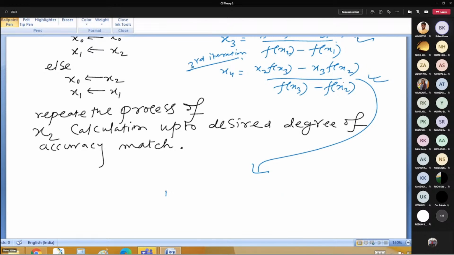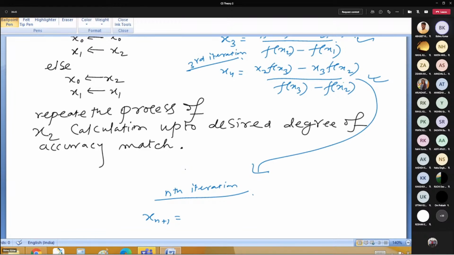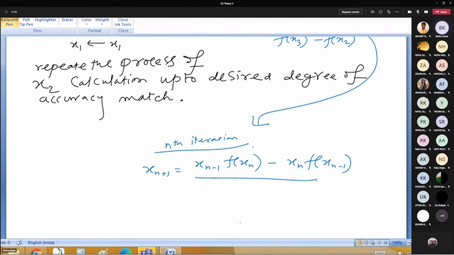That is, the nth iteration, with the help of the previous two points, x n plus 1 will be x n minus 1 f of x n minus x n f of x n minus 1, by f of x n minus f of x n minus 1.